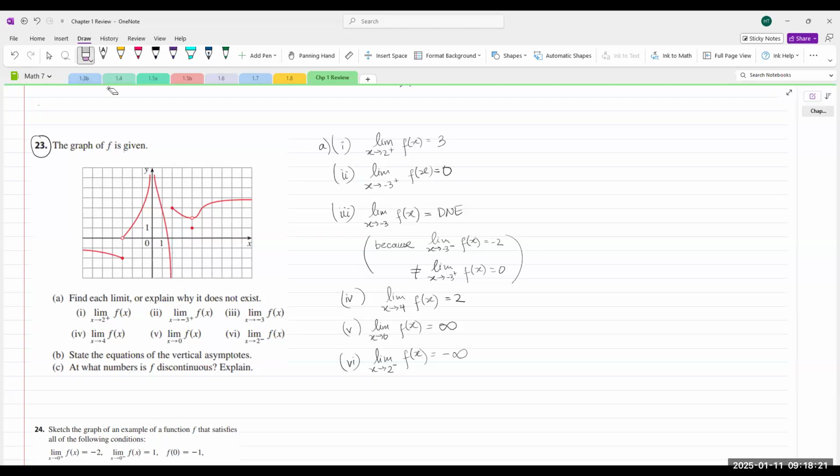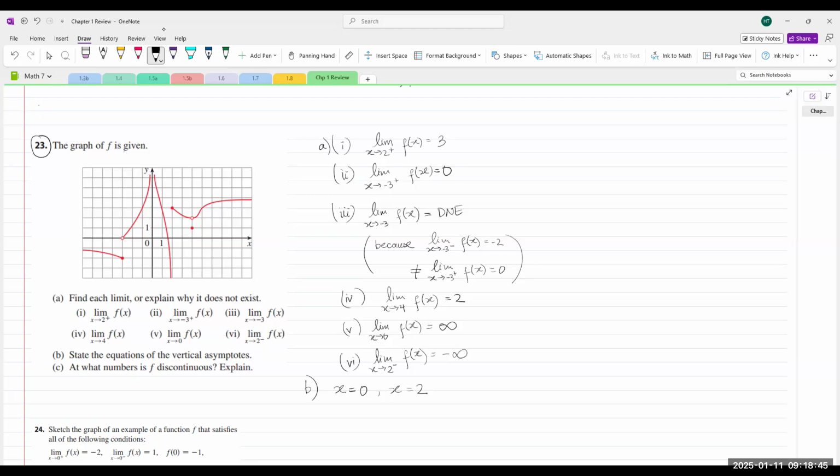Now, by the definition we saw in 1.7 or 1.6, in part B, state the equations of vertical asymptotes. A vertical asymptote is a vertical line, so it has to be stated using the equation of a vertical line. x equals 0, x equals 2.